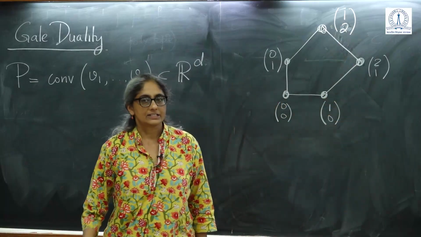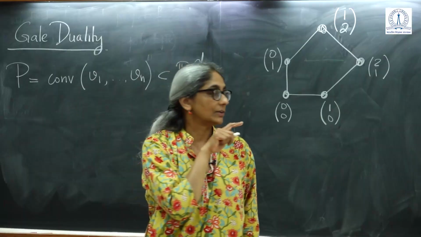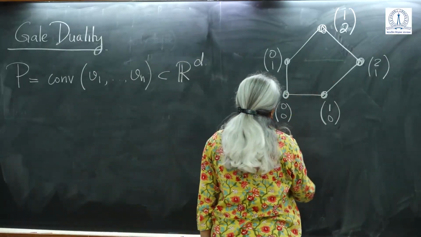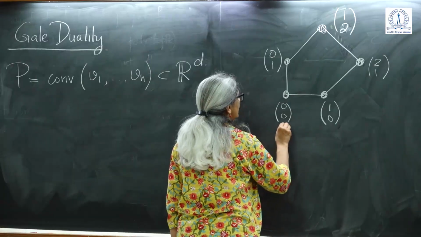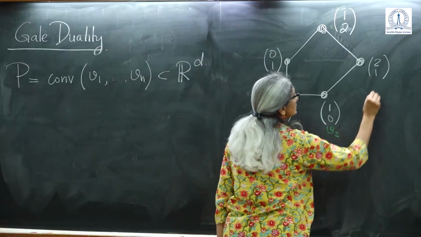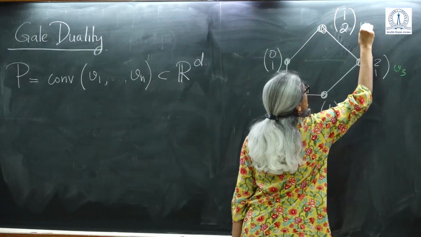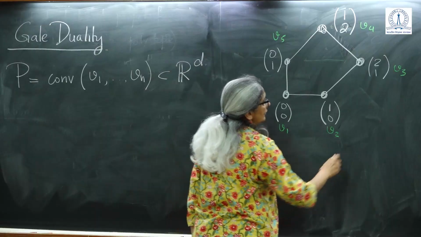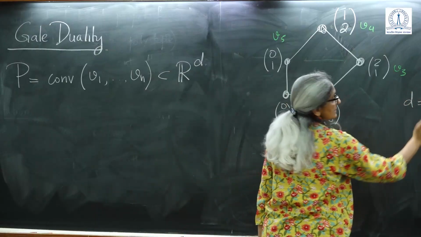All right? So I want to work with this example, so let's use this. This is a pentagon, and these are my endpoints. This one is V1, this one is V2, this one is V3, this one is V4, and this one is V5, okay? So d for us is, of course, 2 in this example.